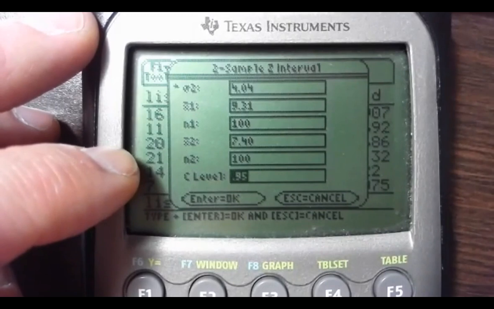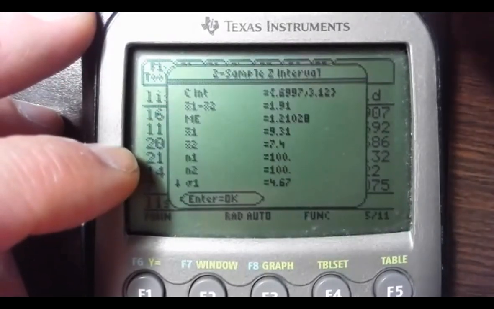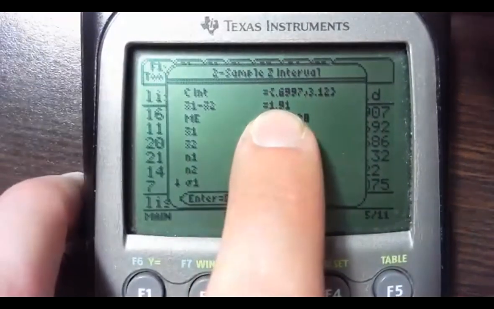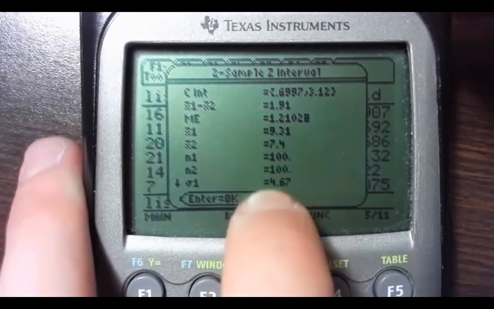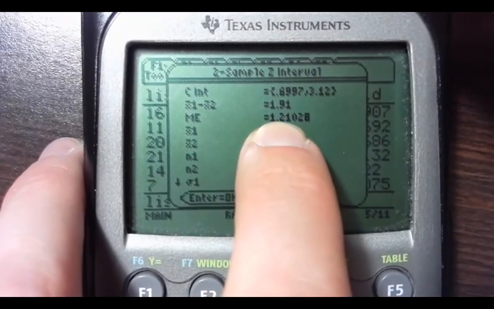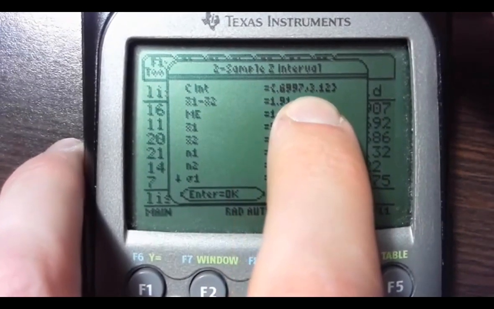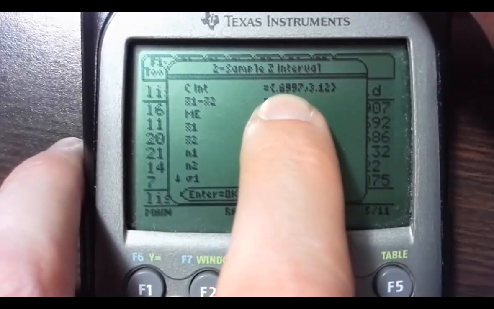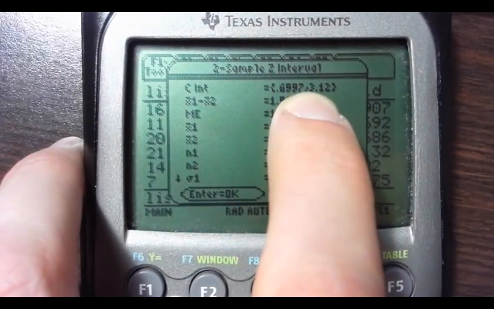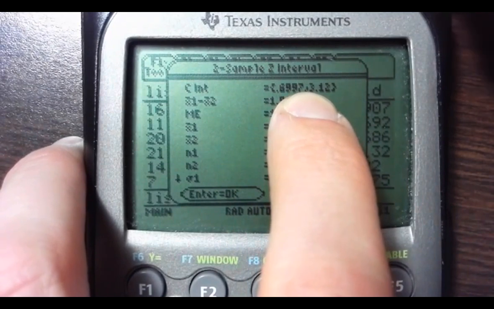So we just hit enter. Then here's our 1.91 plus or minus the margin of error, 1.21. So 1.91 plus or minus 1.21 gives us the actual endpoints of the interval, okay? And I got a message here. It's a 2 sample Z interval.